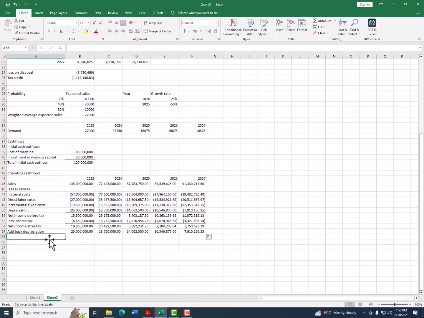And then so we have net operating cash flow, which is gonna be net income after tax plus depreciation. So we drag this all the way to 2027 and we add a top border. So we have the initial cash outflows, and we also have the net operating cash flows. Now the only thing that is left is the terminal operating cash flows. These are cash flows that happen at the end of the period.